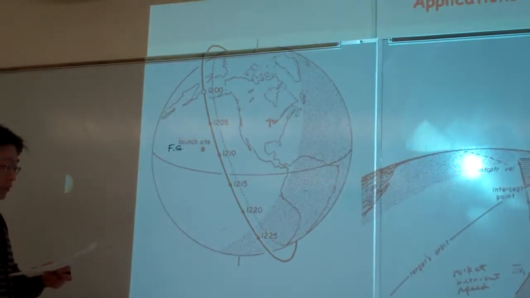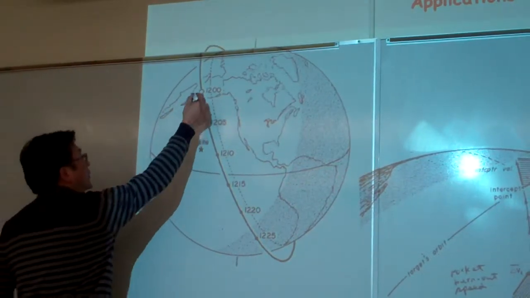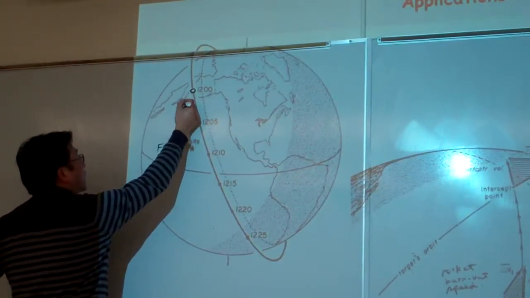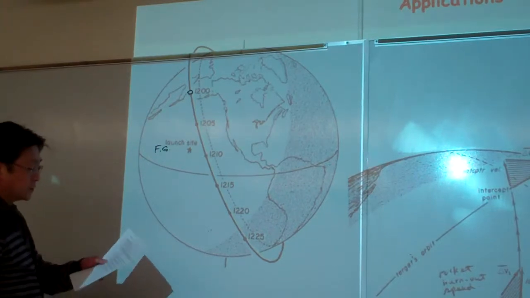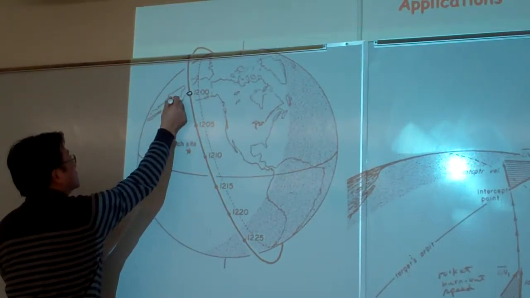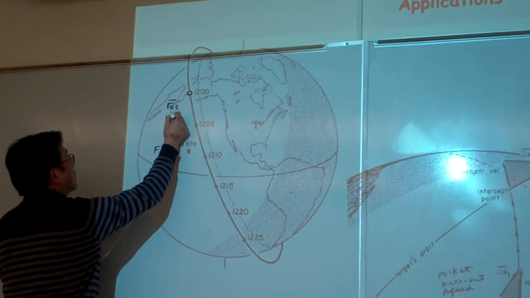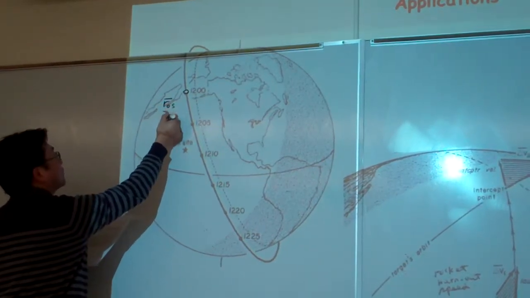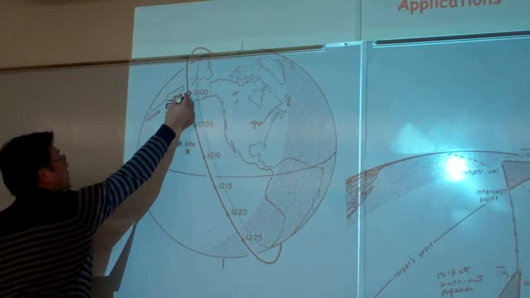At a specific point, we have detected the satellite, and that information is given by R0 and V0, the detected information.